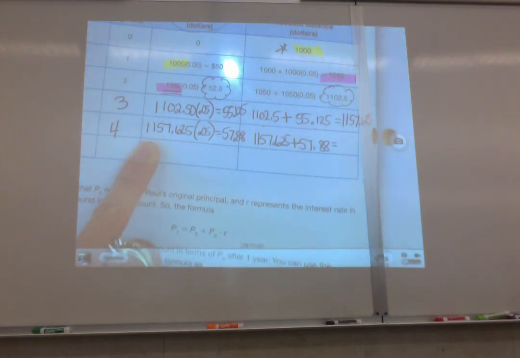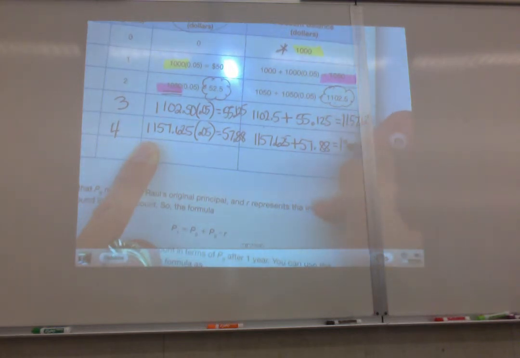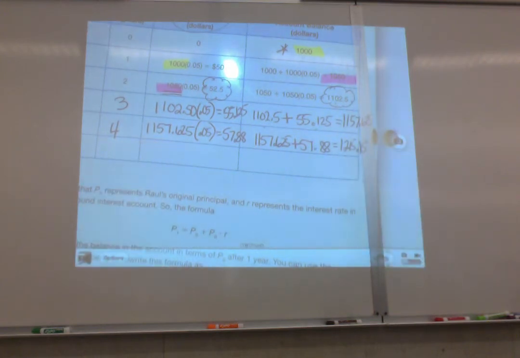And then we'll use our calculators to get a grand total. $1,215. Are there any pennies? 150. I'm just going to put the 15. Okay.